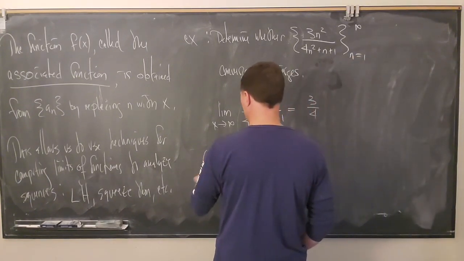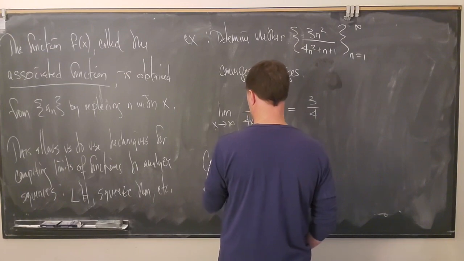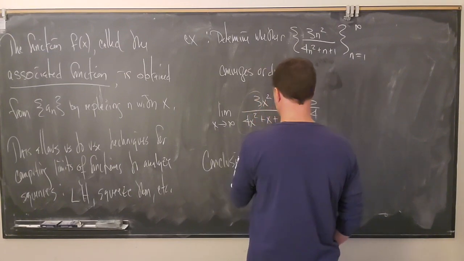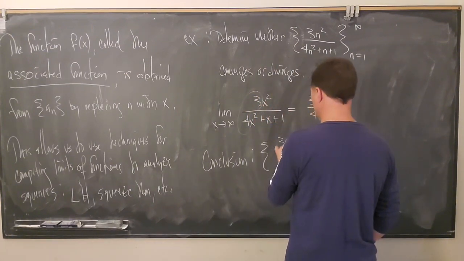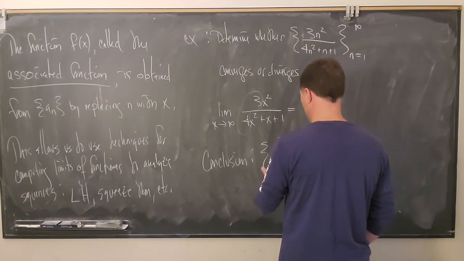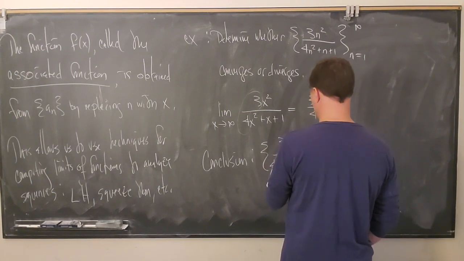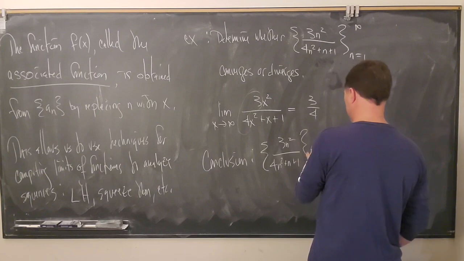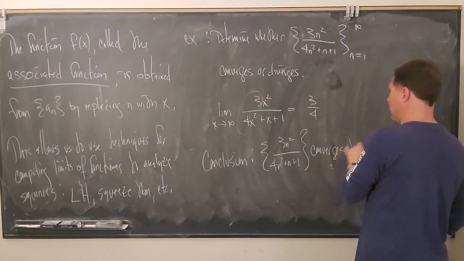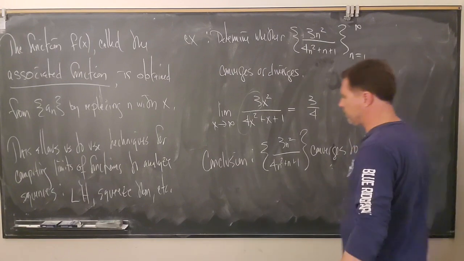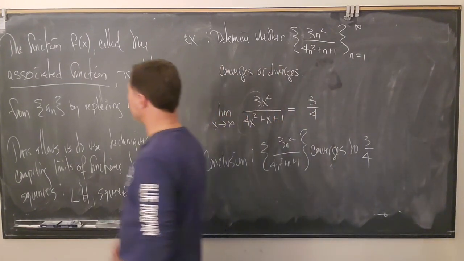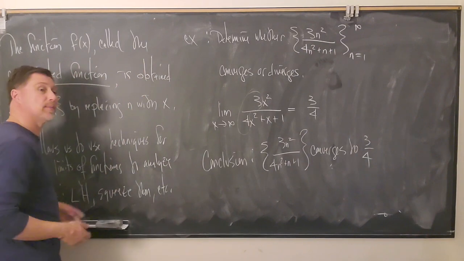Our conclusion is that the sequence 3n squared over 4n squared plus n plus 1 converges. And we can be specific in this case, it converges to the number 3/4.